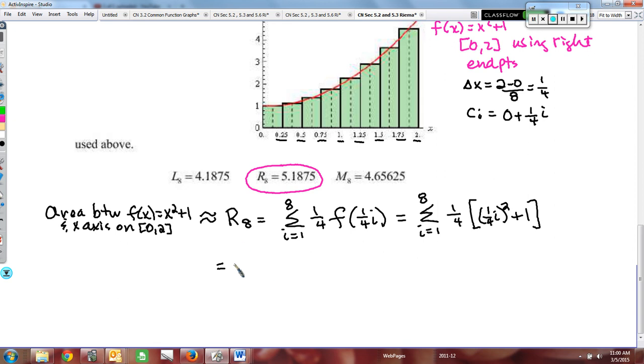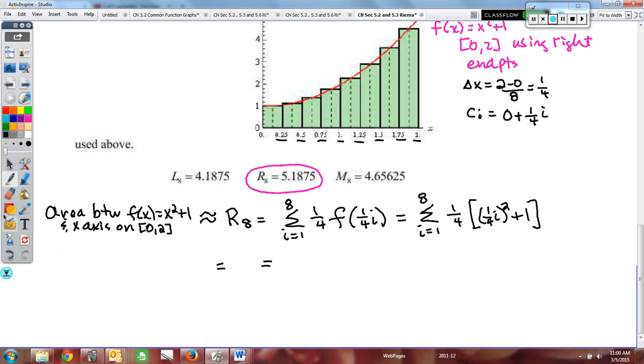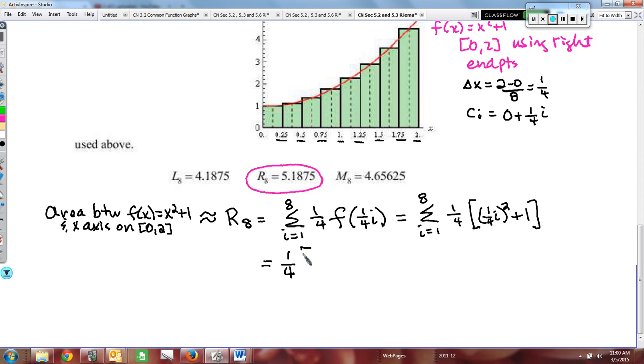So this R8, if I expand it out into expanded form, is going to be, I like to only write delta x once when I'm doing this. So I usually go delta x times, and now I'm going to do the heights. And so in the calculus, we don't care about actually simplifying.